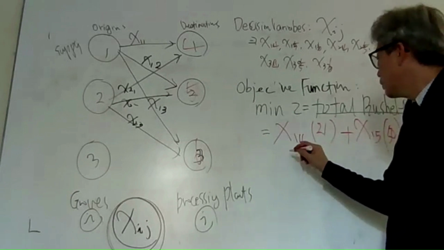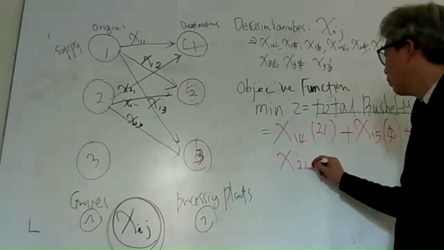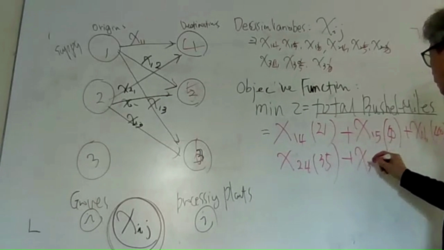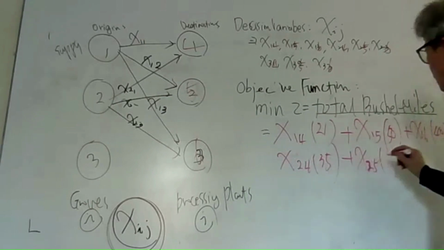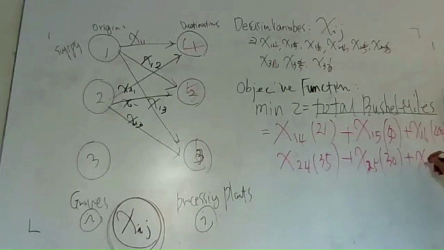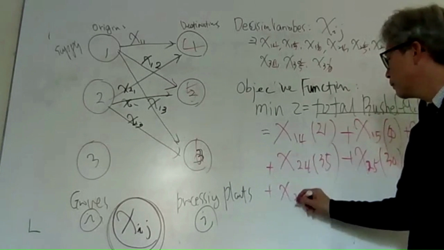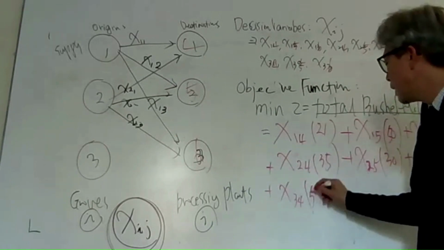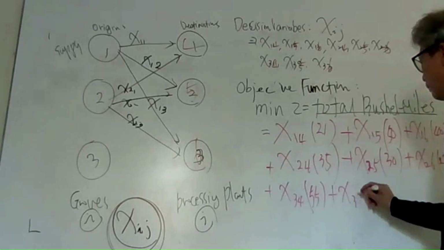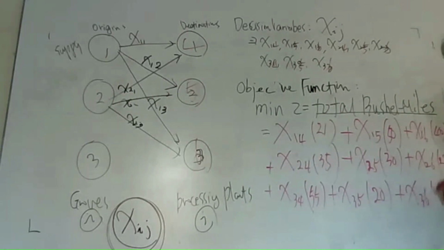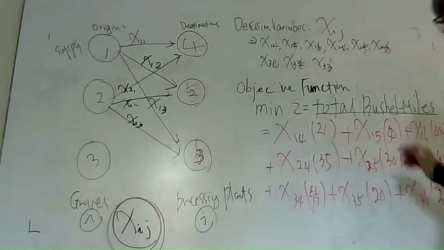Right? So now you see the pattern. So x24 times 35 miles plus x25 times 30 miles plus x26 times 22 miles, and plus x34 times 55 miles plus x35 times 20 miles plus x36 times 25 miles. So this is your objective function.